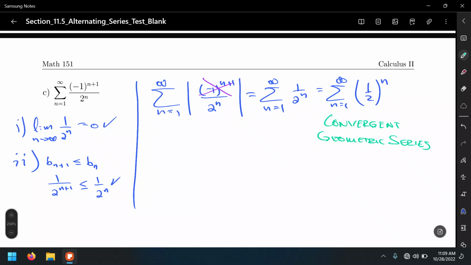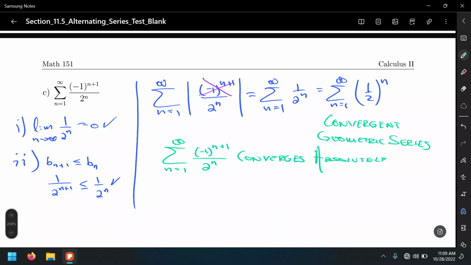So because the new series that we obtain out of taking the absolute value is a convergent series, the original series, sigma n equals 1 to infinity, negative 1 to the n plus 1 over 2 to the n, converges absolutely.